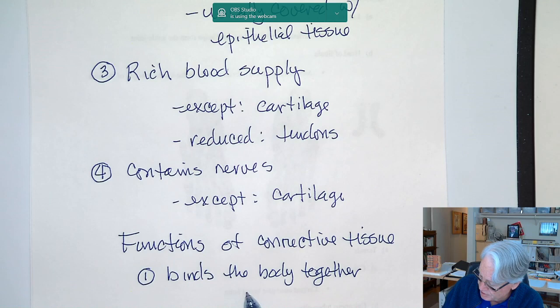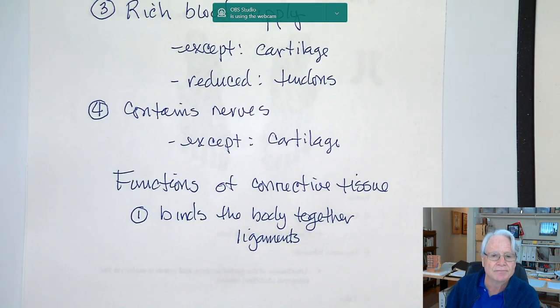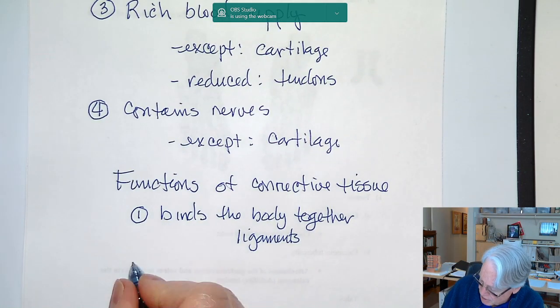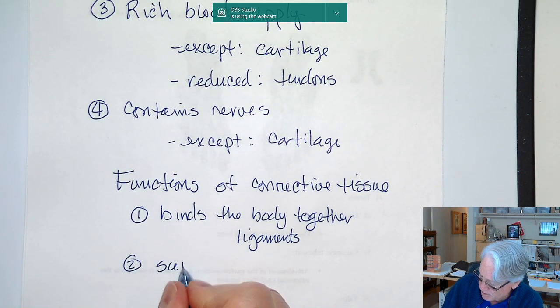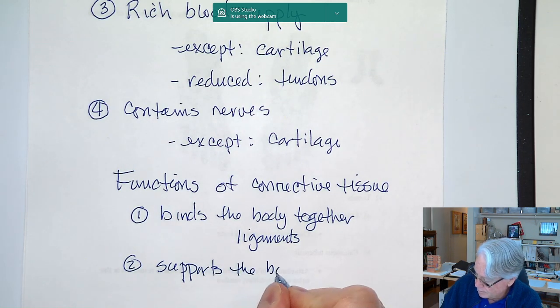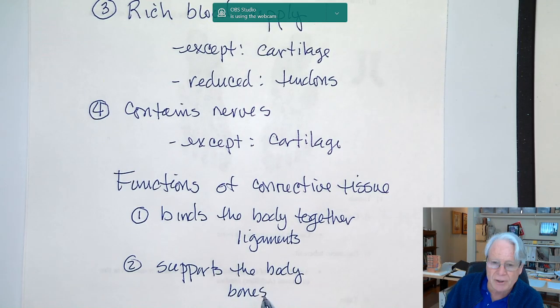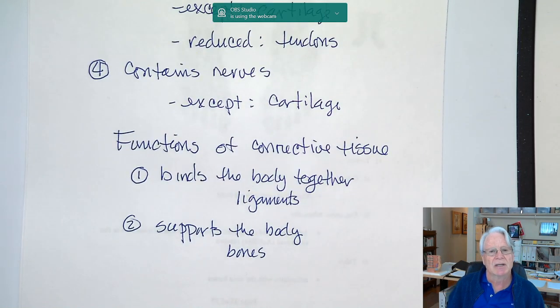And a good example here would be ligaments. Literally holds the body together. Number 2, supports the body. And bones are an obvious and good example of how connective tissue supports your body.